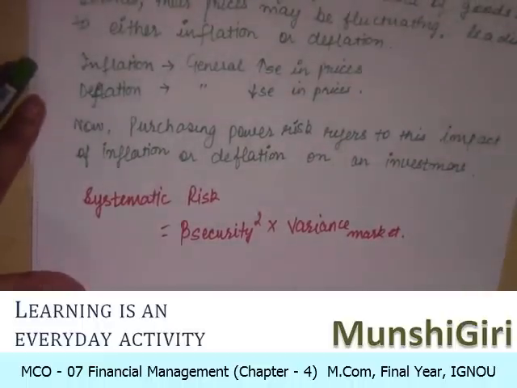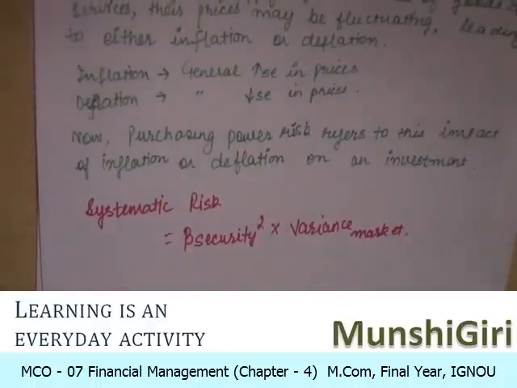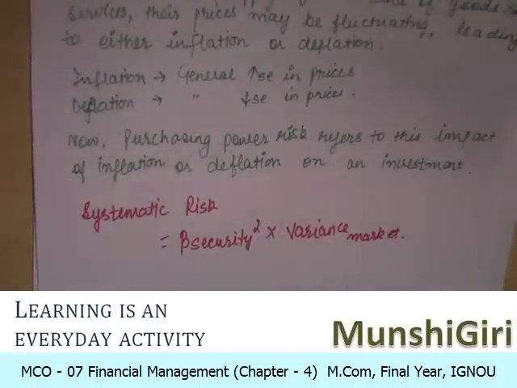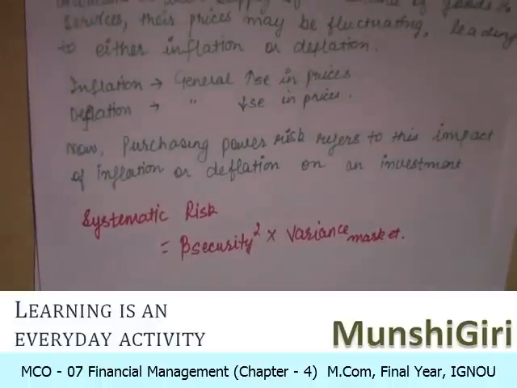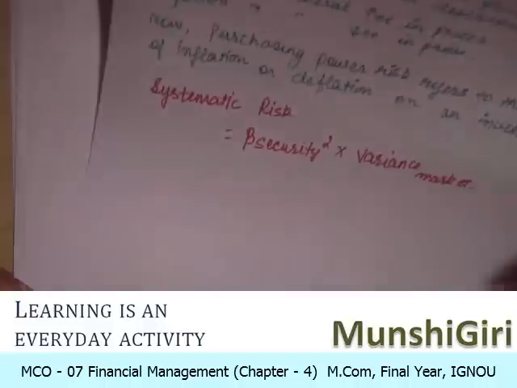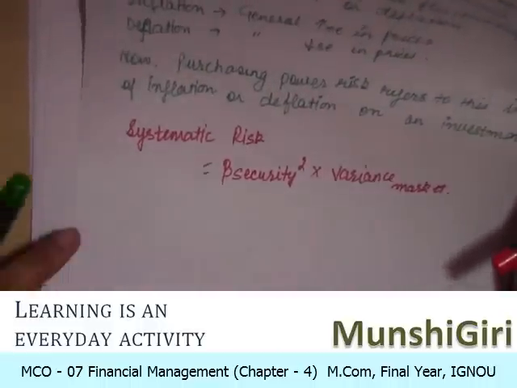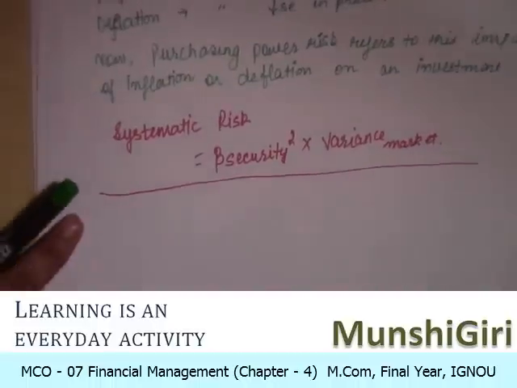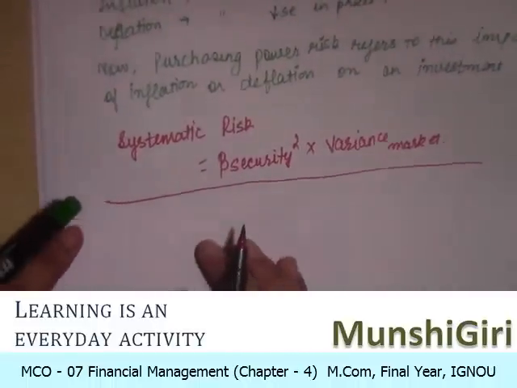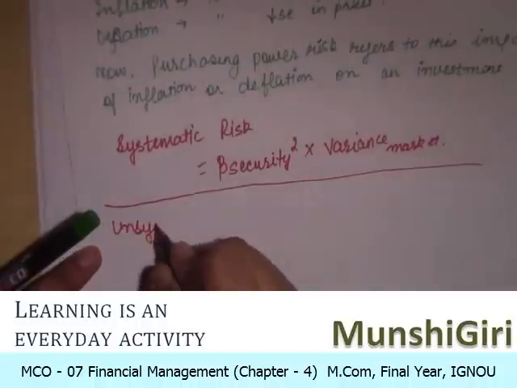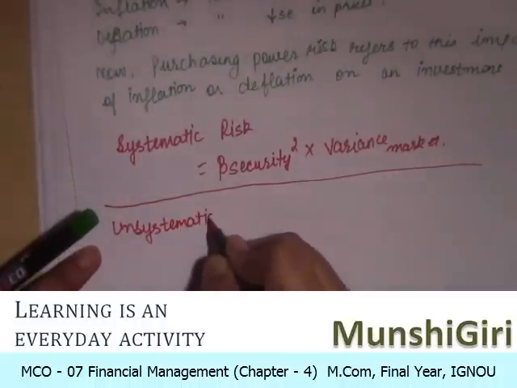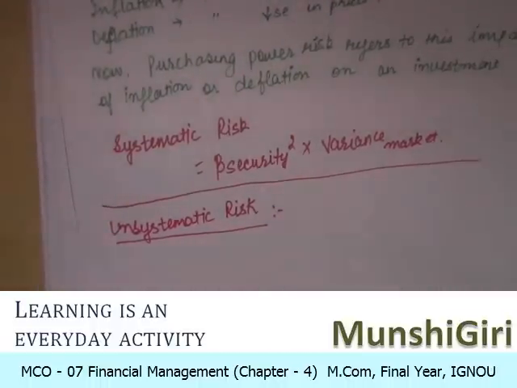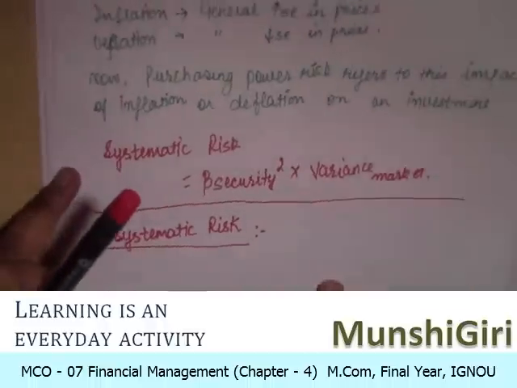So that was about the systematic risk. Coming to the next type of risk, we have unsystematic risk. Unlike systematic risk, unsystematic risk is the risk that is specific to the company.